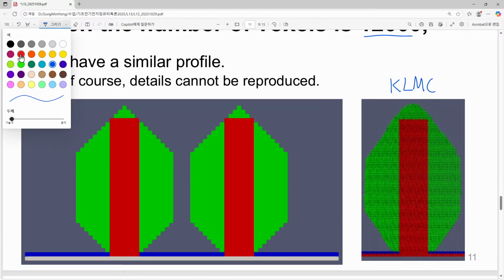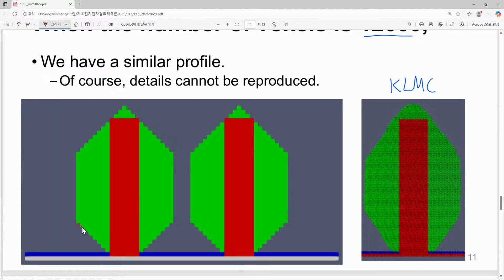What is the improvement? Now you can see that here we have almost no growth in the lower part, and here we have a certain angle, corresponding to the 001 surface. Of course, here we have a steeper angle, but please understand this is the limitation of my implementation right now.